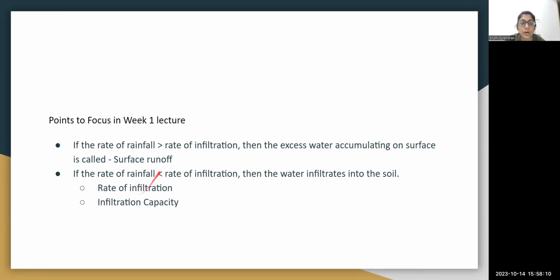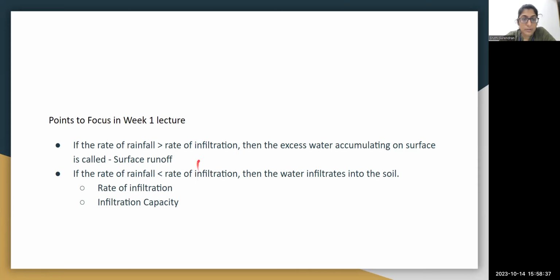So when the rate of rainfall exceeds the rate of infiltration, the excess water accumulating on the surface will go off as surface runoff. In the other case, if the rate of rainfall is less than the rate of infiltration, then all of the water falling on the surface will go down as infiltrated water.